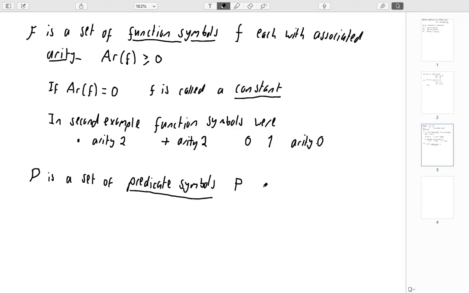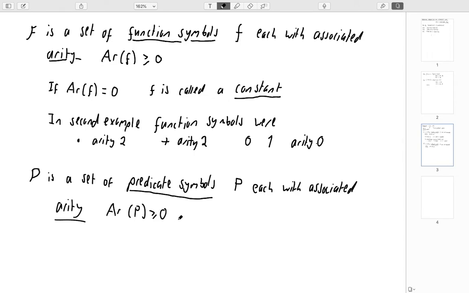And this also has, again, each with associated arity, the arity of P is greater than or equal to 0.